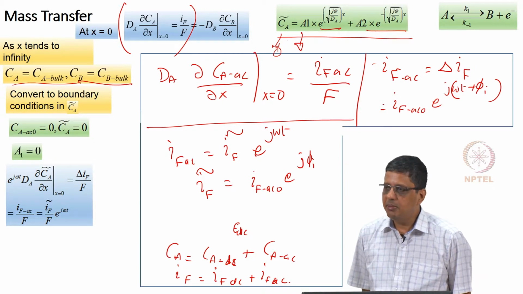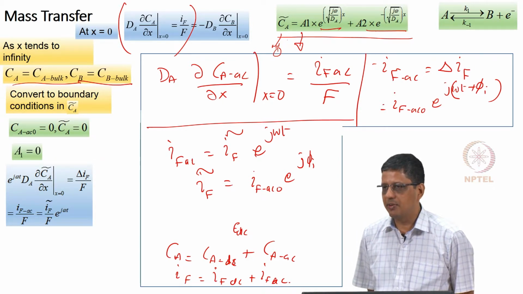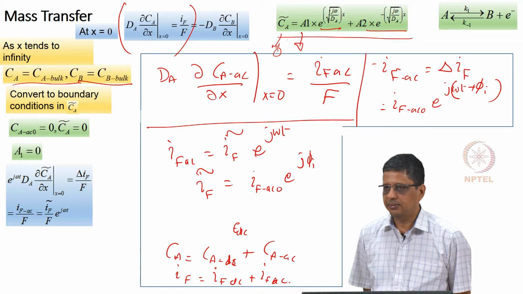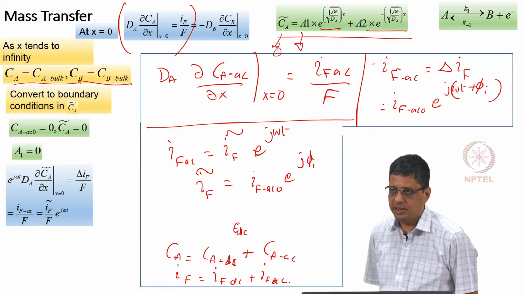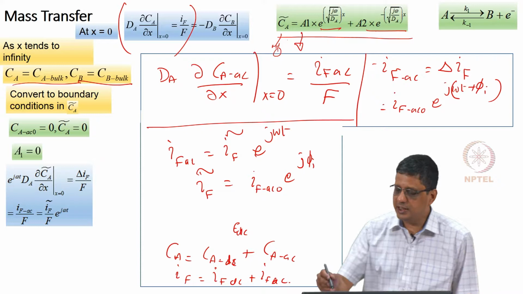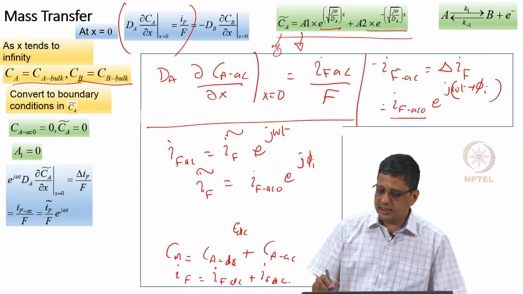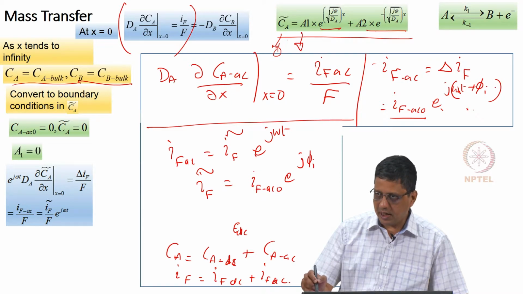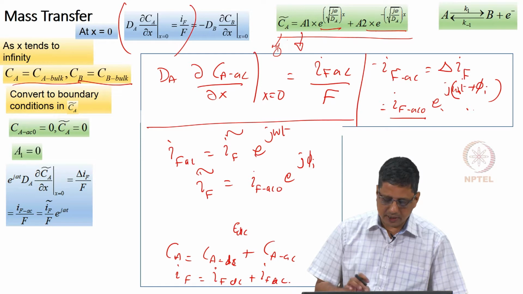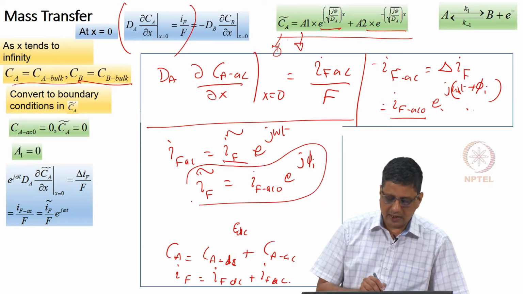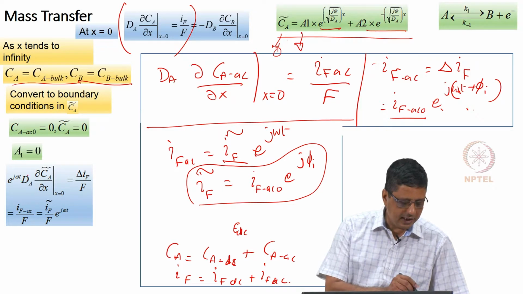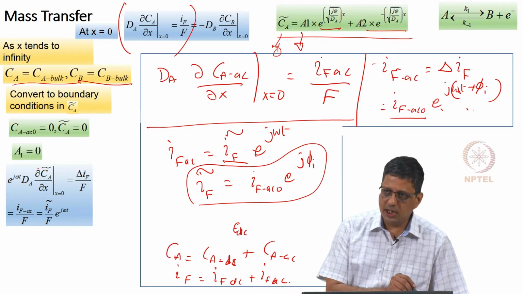E power j omega t basically goes away, it gets cancelled from this equation, only j phi I remains, the j omega t comes out. So, I have taken this equation and written it as If AC 0 e power j omega t multiplied by e power j phi I. Leaving out the e power j omega t, the remaining terms are collected and kept as If tilde, because on the left hand side of this boundary condition you have e power j omega t.